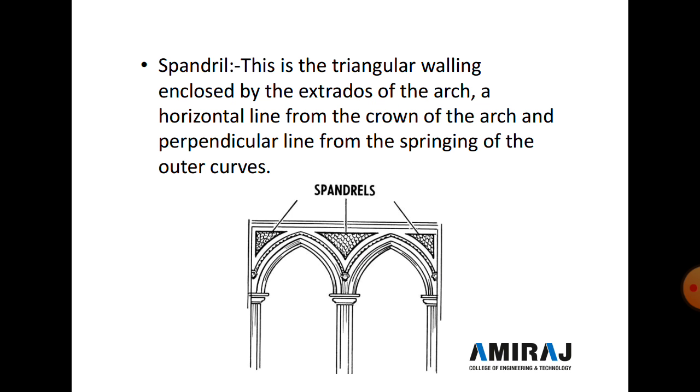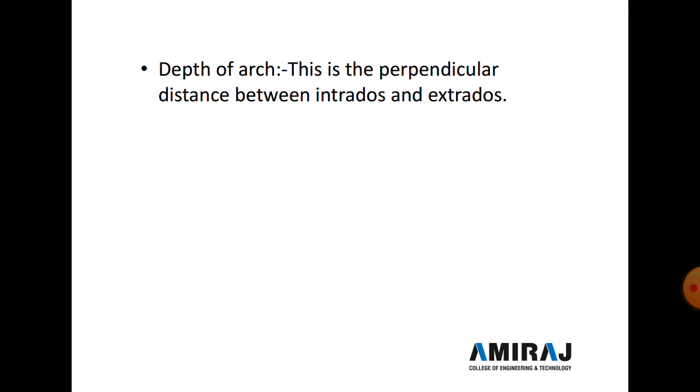Now next is the spandrel. The spandrel is the triangular walling enclosed by the extrados of the arch, a horizontal line from the crown of the arch, and a perpendicular line from the springing of the outer curve. Now next is the depth of the arch. This is the perpendicular distance between the intrados and extrados.